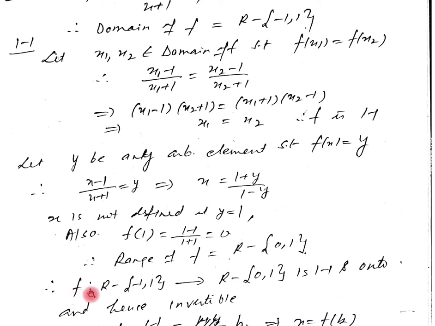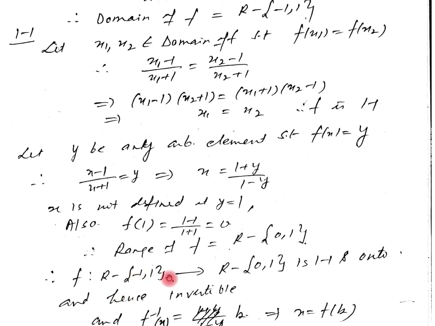Now let f be a function defined from R minus {1, -1} to R minus {0, 1}. The domain of the function is the earlier given set, and the range is the other set. So f is a function defined from this to this, and its inverse will exist from this to this.